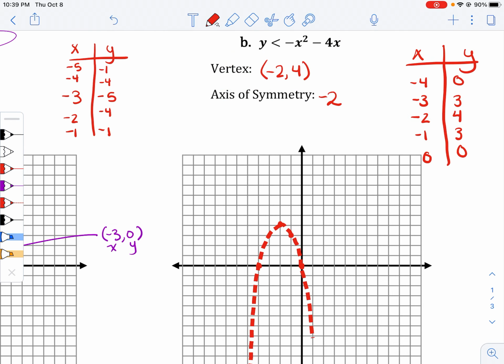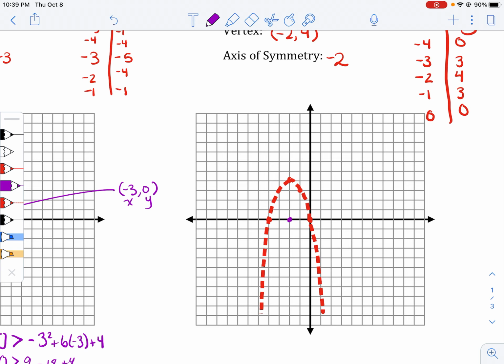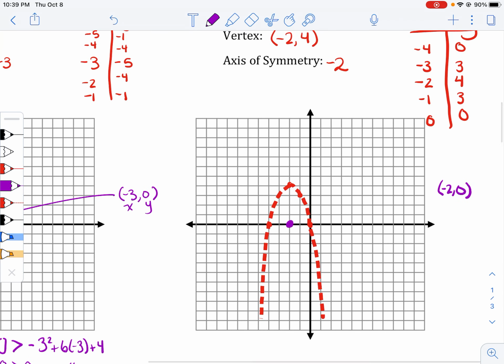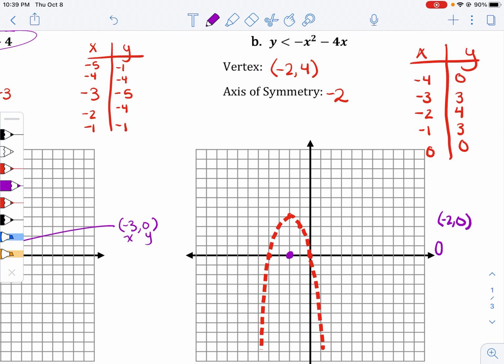And then I'm going to test a point. So here I'm going to test right here, which is -2, 0. So testing at -2, 0. My y is 0, my x is -2. I like to use 0 when possible, just because it makes your life easier. Careful with your signs here, though.